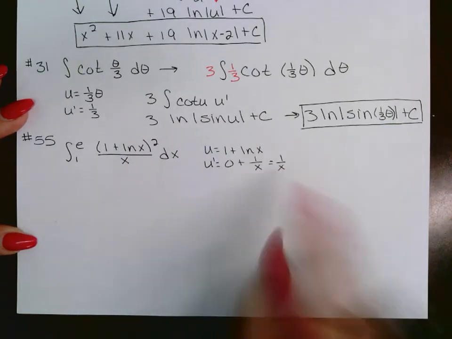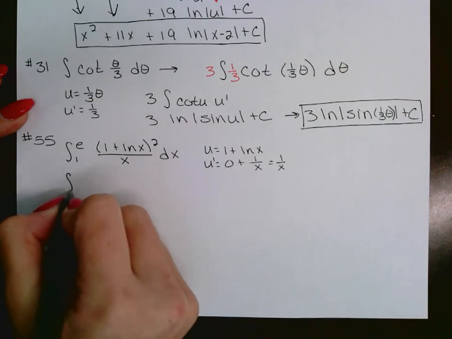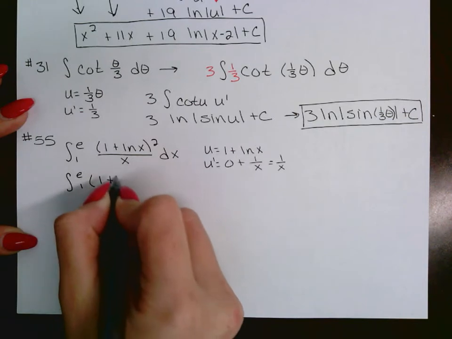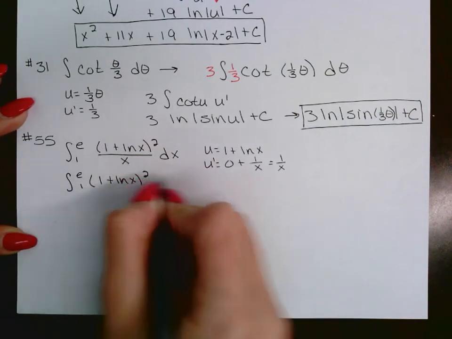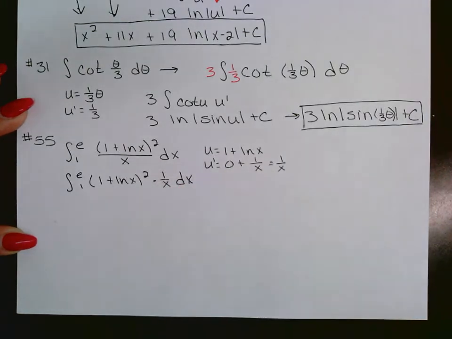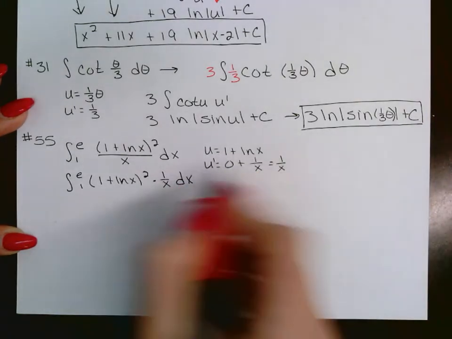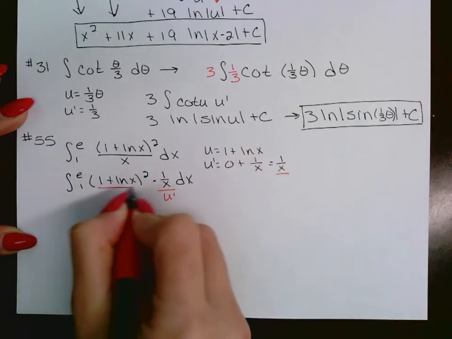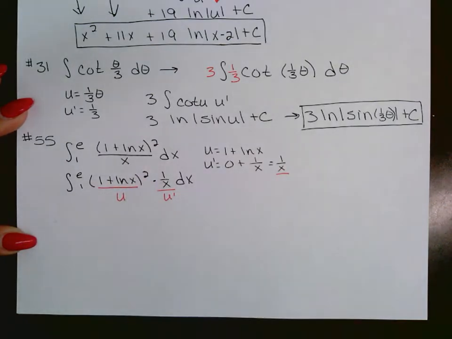Does that make sense? Yes. Okay, so I can say the integral from 1 to e of 1 plus ln of x squared times 1 over x dx. And now it's easy to spot my u prime, right? And that this is my u, and it's going to be squared.